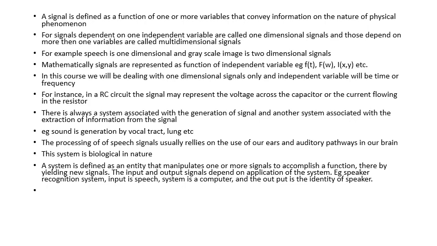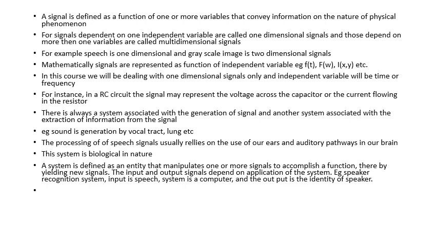Signals depending on one variable are called one-dimensional signals and those depending on more than one variable are called multi-dimensional signals. For example, a speech signal is an example of a one-dimensional signal, and a grayscale image is an example of a two-dimensional signal. Mathematically, signals are represented as functions of an independent variable.